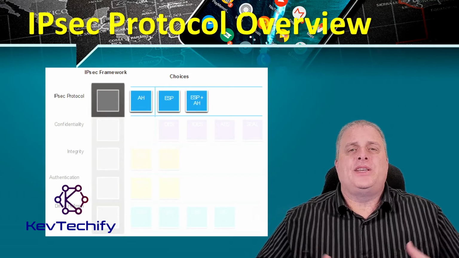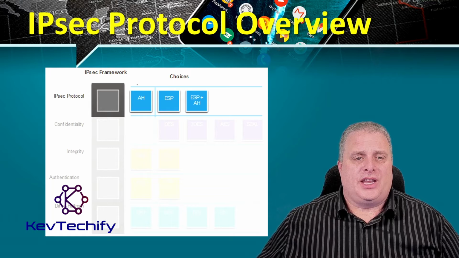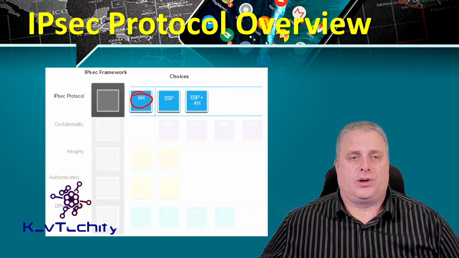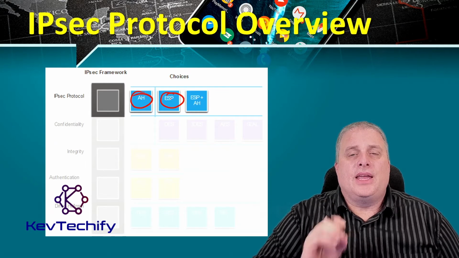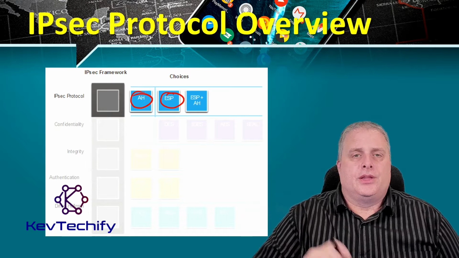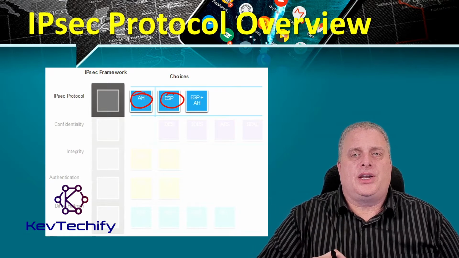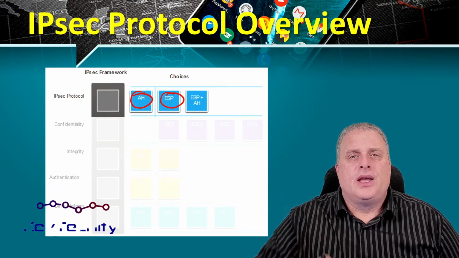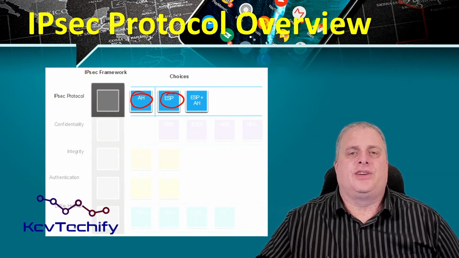The two main IPsec protocols are the Authentication Header, also known as AH, and Encapsulation Security Protocol, known as ESP. The IPsec protocol is the first building block of the framework. The choice of AH or ESP establishes which other building blocks are available.